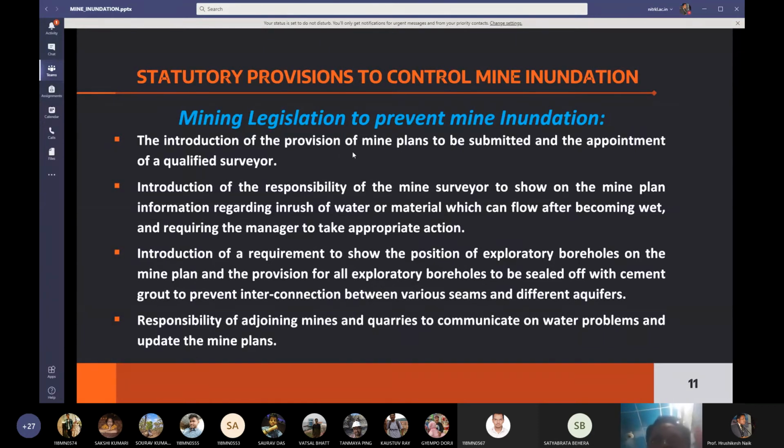So the introduction of the provision of mine plans to be submitted and the appointment of a qualified surveyor, introduction of the responsibility of the mine surveyor to show on the mine plan information on water or material which can flow after becoming wet, and requiring the manager to take appropriate action.